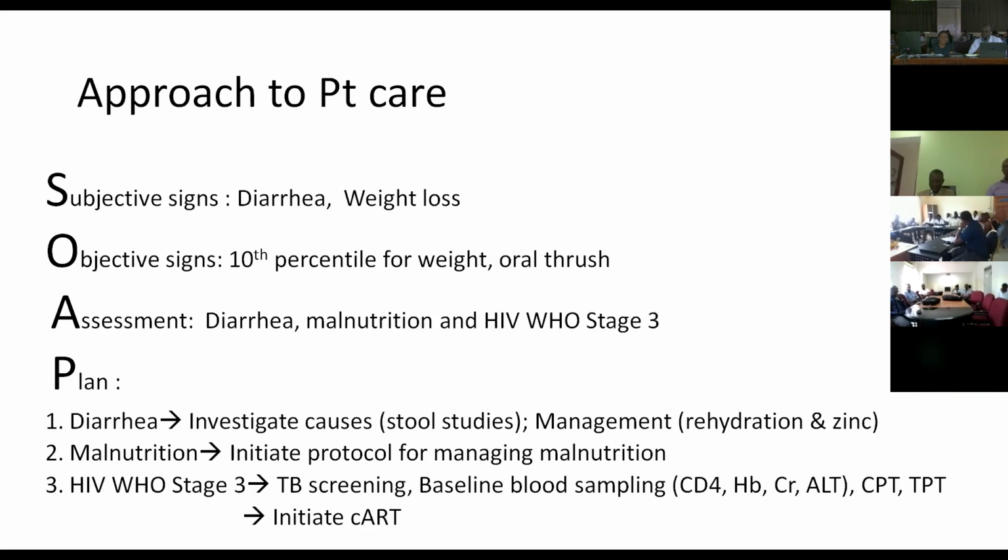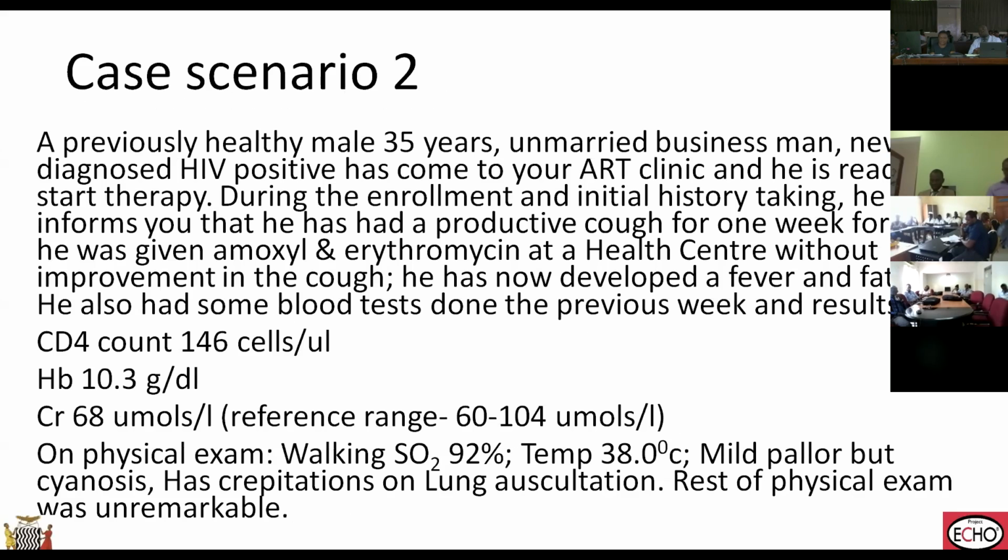The key issues here: you screen thoroughly, and if you find that there's no active TB, as we have already mentioned, you can put the child on preventive therapy. And the initiation of ART is immediate, as soon as possible. So this is our first case scenario, and I hope that we picked up quite a number of lessons from there.